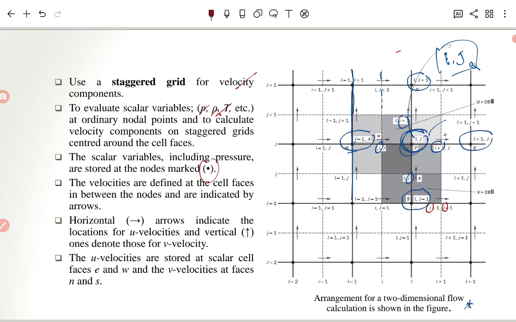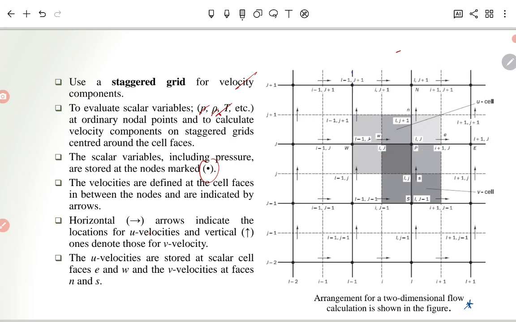To calculate this, sometimes we can use either a backward or a forward staggered grid. But this figure refers to the backward staggered grid, because of the I location.